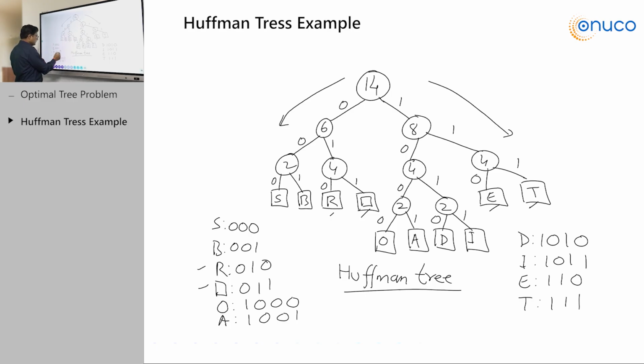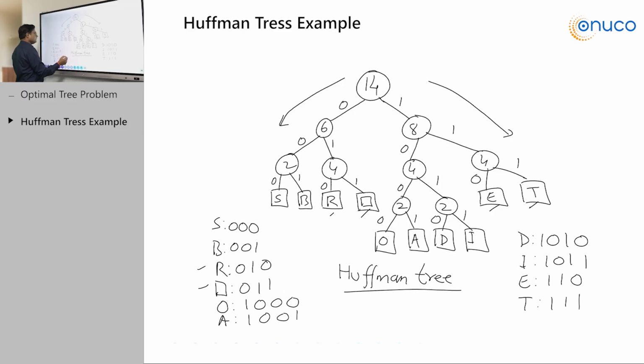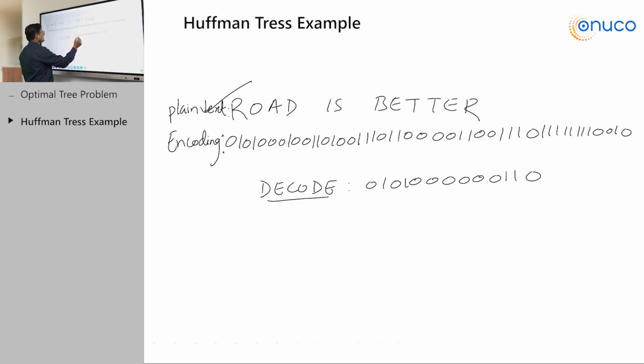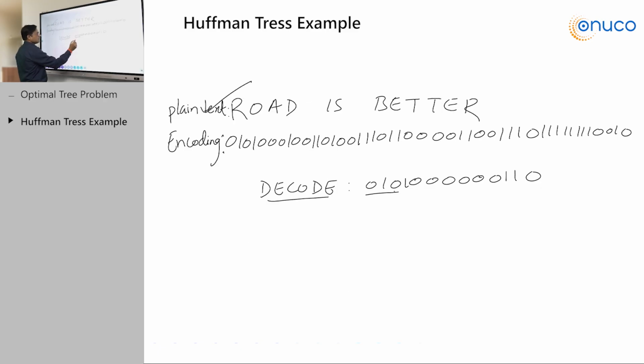So 0 1 is common. What is the third bit? After 0 1, the third bit is a 0, right? So this is 0 1 0, and the value is R. So we say that this is R.